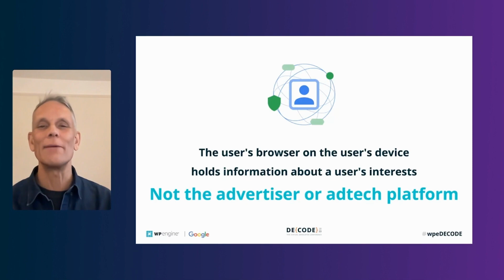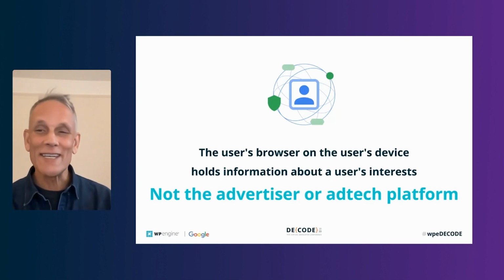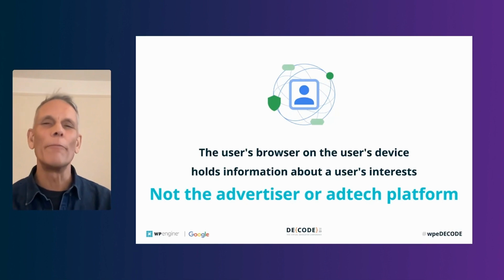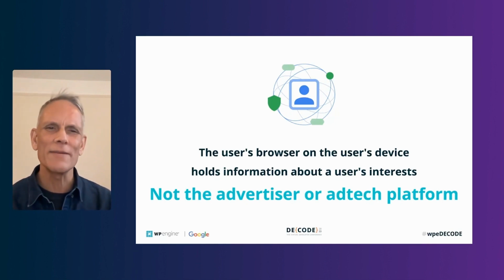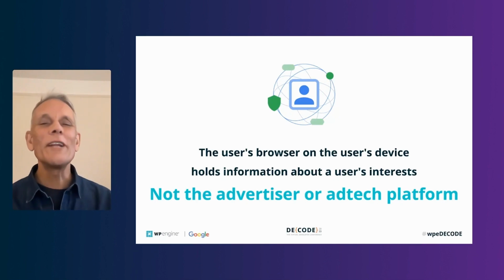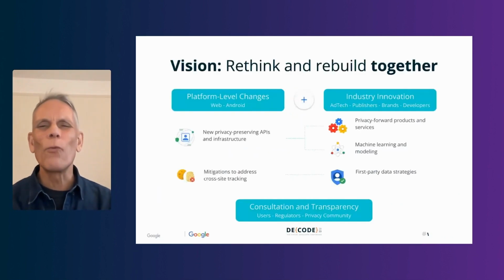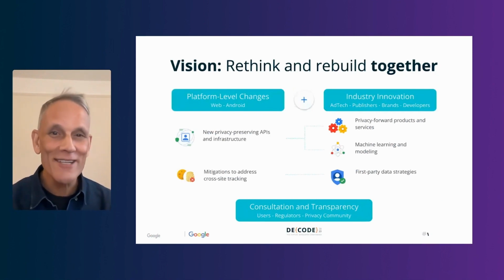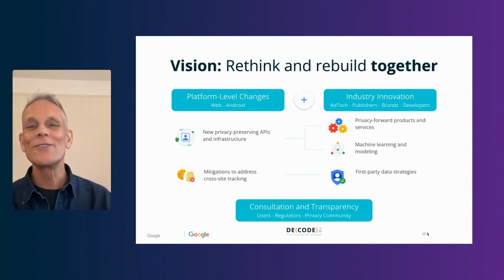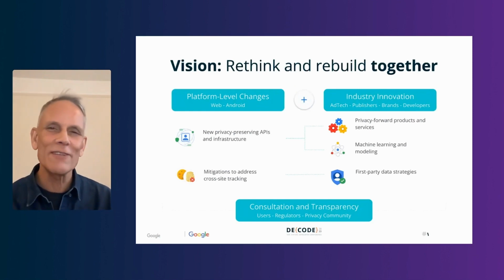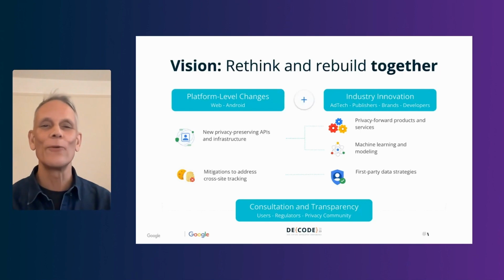Privacy Sandbox APIs can allow ad auctions, conversion measurement, and these other tasks to be fulfilled by the user's browser on the user's device. So we need to rebuild app platforms and the web with collaboration across browser vendors, platforms, advertisers, publishers, ad tech users, regulators, and the privacy community, and not least developers like you working with CMS platforms.